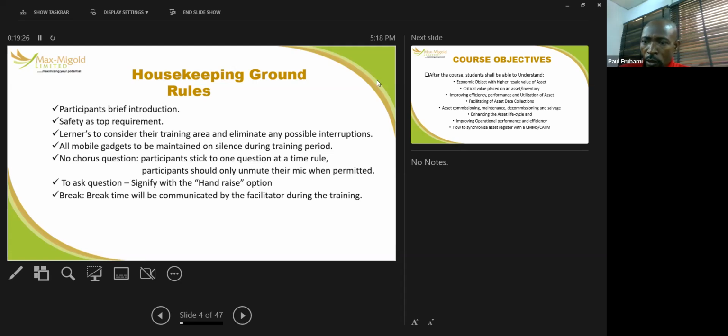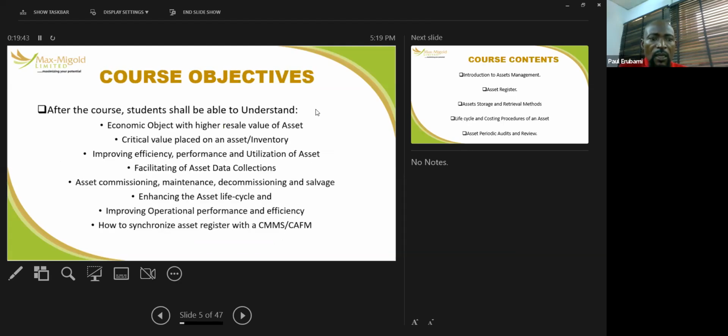So we're going to today's training. Like I earlier said, today we shall be dealing with asset management as part of facility management. And at the end of today's training, everybody is expected to understand what we mean by economic objective with IRR, asset economic objective with higher resale value, then the critical value placed on an asset and inventory.